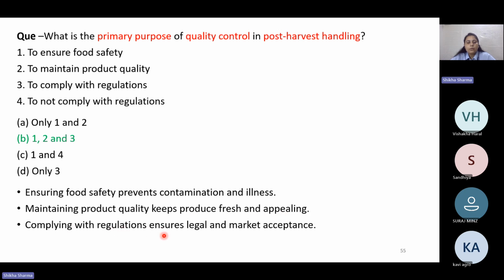And complying with regulations ensures legal and market acceptance. So these are the primary purposes of quality control. That's why we are doing quality control. And the fourth is incorrect: to not comply with regulations.